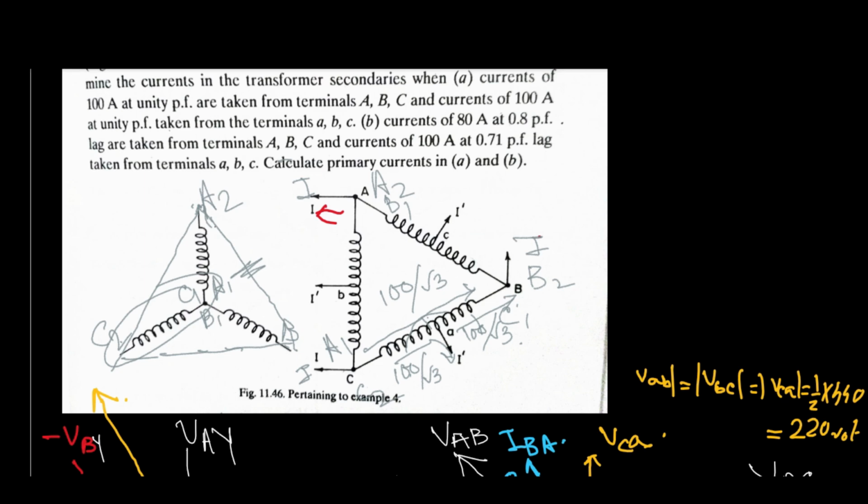So if that is the case, then how to implement that? Two currents are 120 degrees apart and both are 100 by root 3. So basically, if you try to find out their resultant, it is the current that is flowing through this.